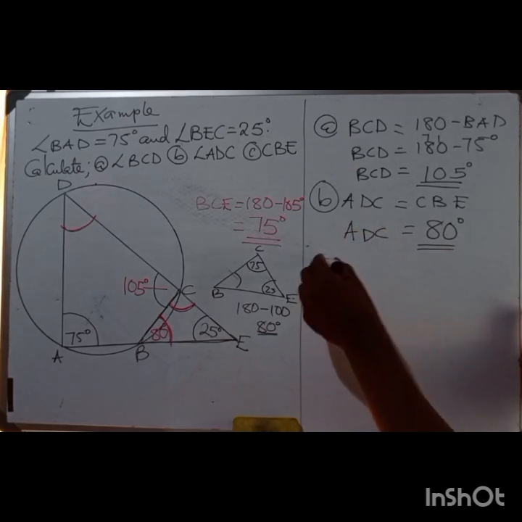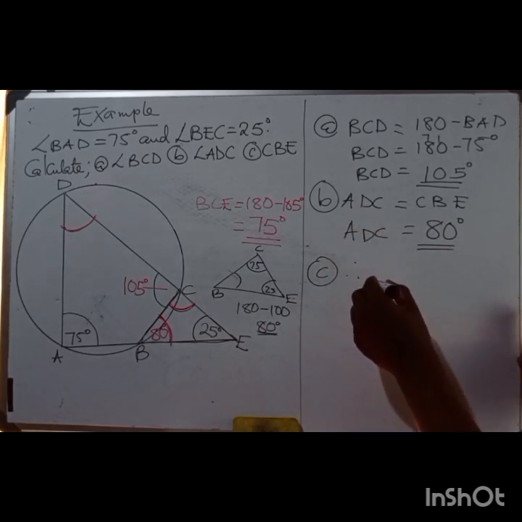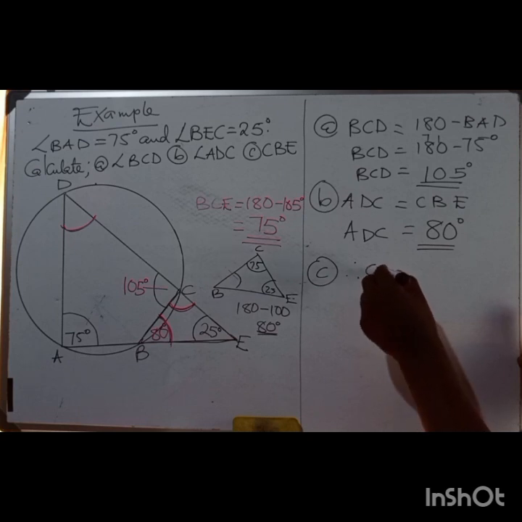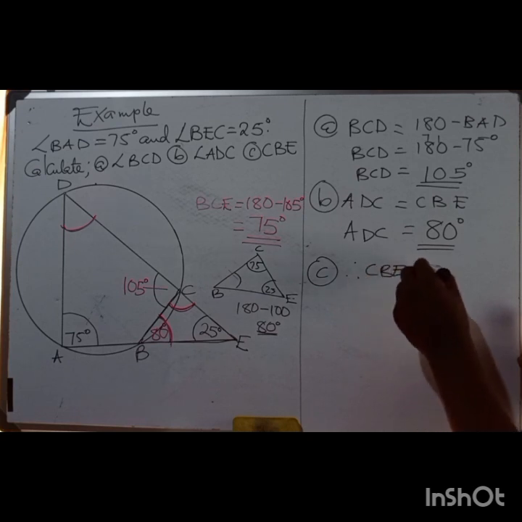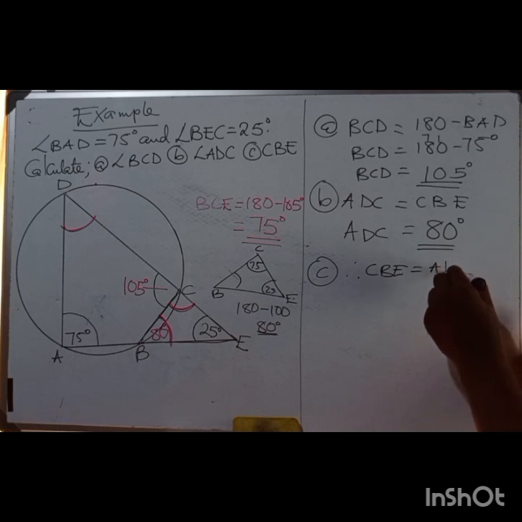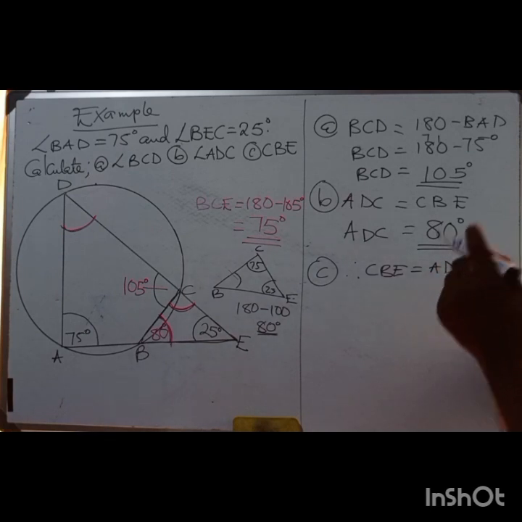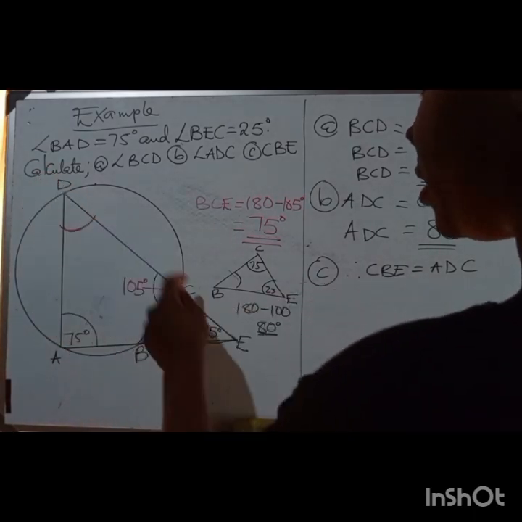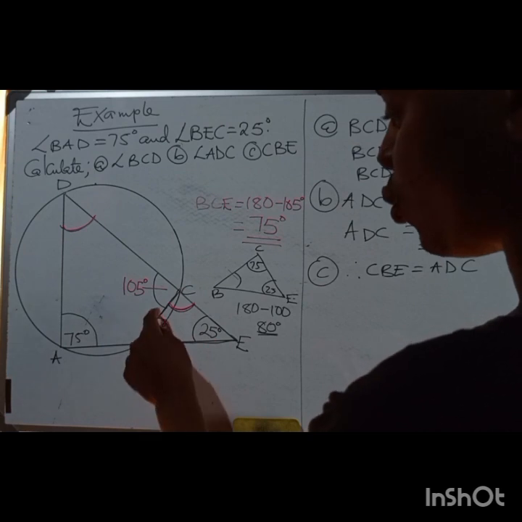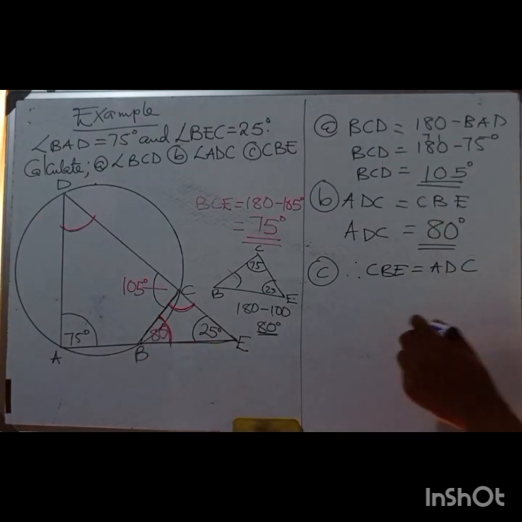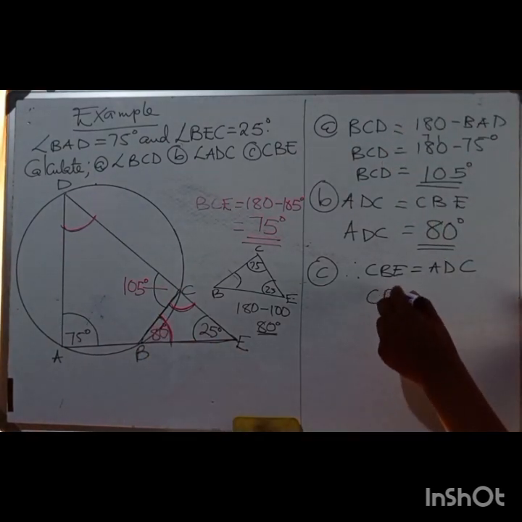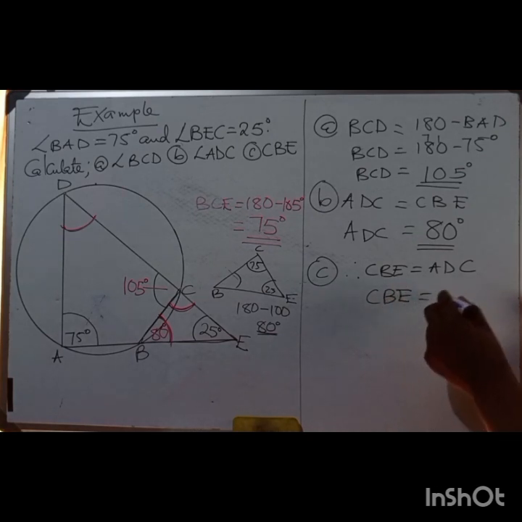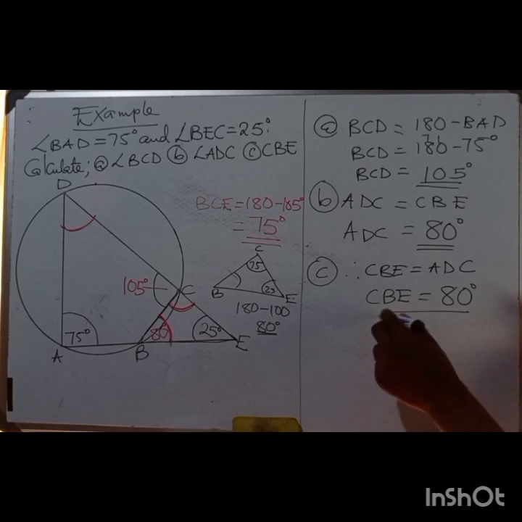Now, on question number C, where we have CBE, it is equal to ADC. This one is equal to this exterior angle. So CBE is equal to, because this one is known, even that one is the same.